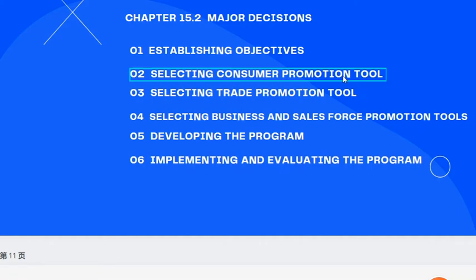Consumer promotion tools have two parts: manufacturer promotions and retailer promotions. Business and sales force promotion tools have three parts: trade shows and conventions, sales contests, and specialty advertising. For each promotion, implementation and control plans must cover lead time and sell-off time.